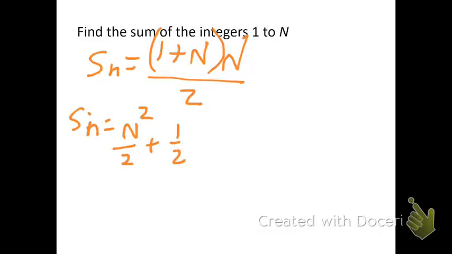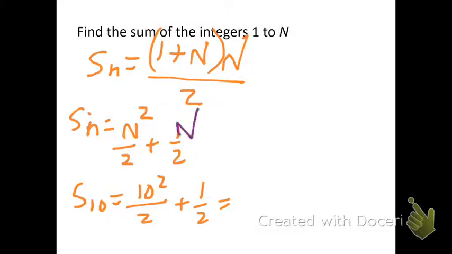So if I wanted to know what's the sum of the first 10 digits, like 1, 2, 3, 4, 5, 6, 7, 8, 9, 10, add them all up, well, it would be 10 squared over 2 plus n over 2. Sorry, typo: this is not a 1/2, that's an n.